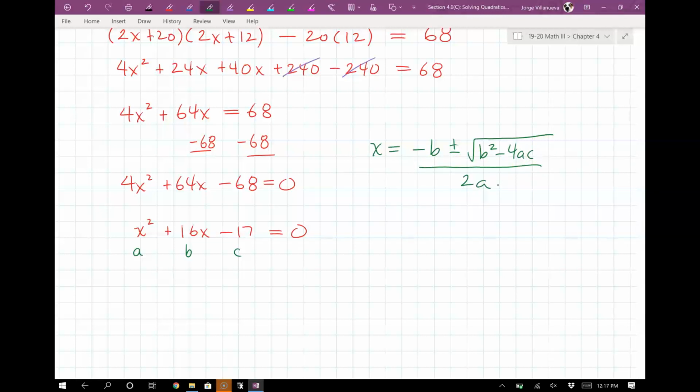So b is 16. So negative 16 plus or minus the square root of b squared. Now b squared, 16 squared, that's 256 minus 4 times a times c. So 4 times 1 times negative 17, over 2 times a. That's 2 times 1, so 2.